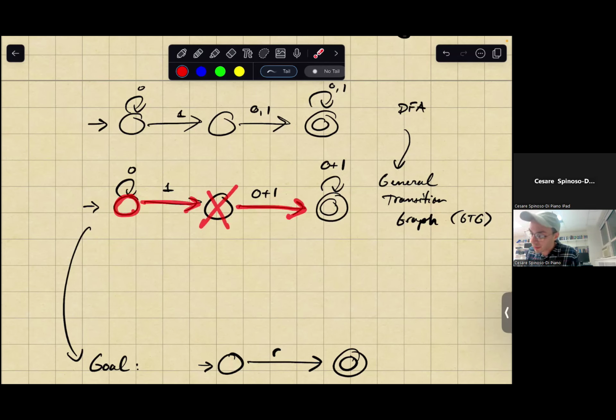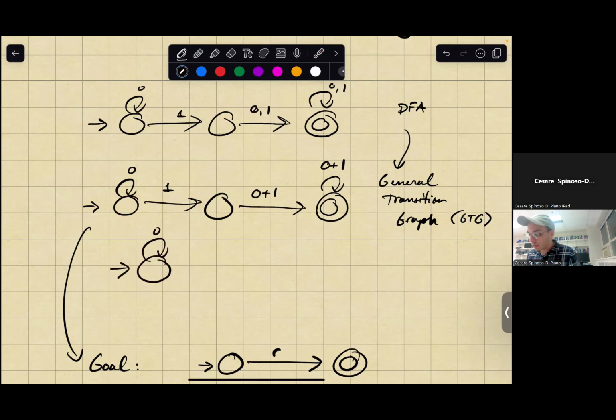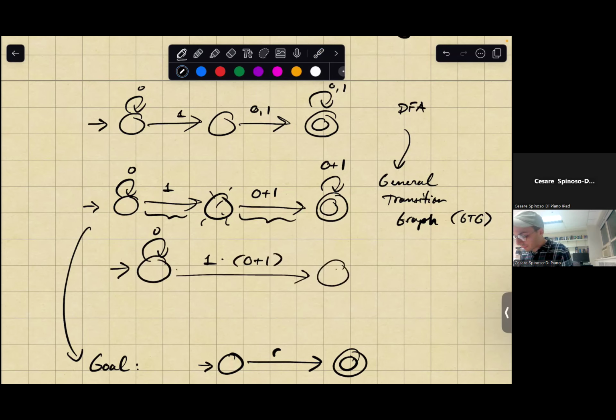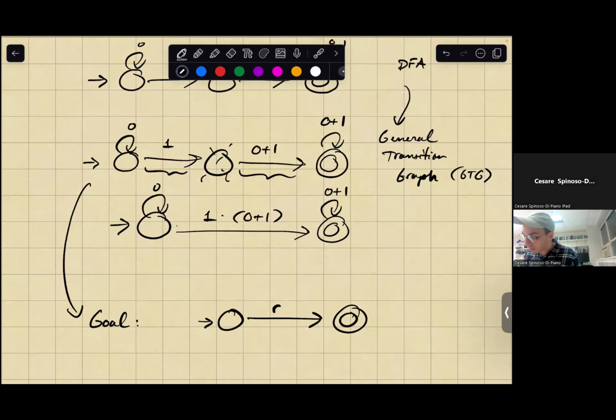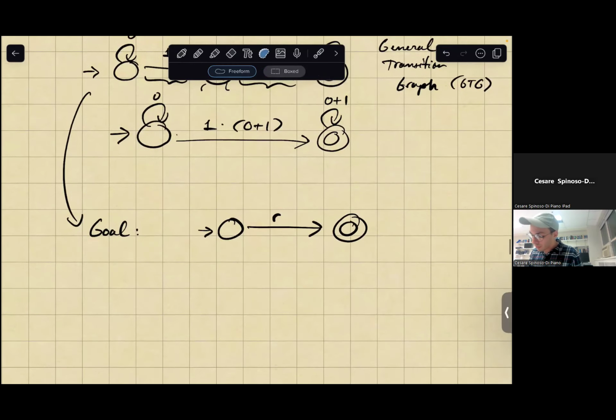So in other words, I can delete this state by ripping it out. So I rip it out, and then I stitch together this transition with this transition, meaning that in terms of regular expressions, I just take 1 and concatenate it with (0+1). And this becomes the label for this edge. Okay. So then remember, this is my goal. I want to work towards this goal.